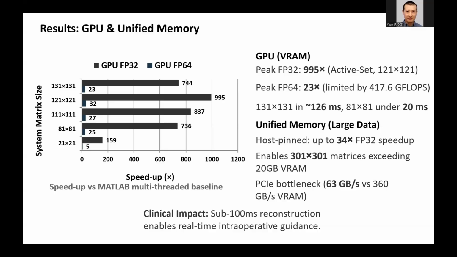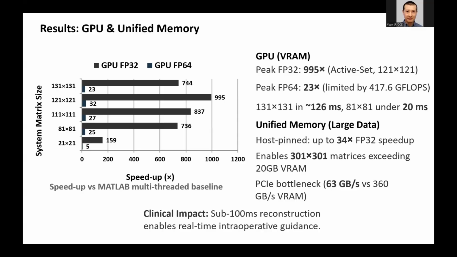If we try to count the absolute time, we could see a 130 by 130 reconstruction completes in approximately 120 milliseconds, while 81 by 81 takes under 20 milliseconds. And if we have larger data sets exceeding 20 gigabytes of VRAM, we could also use the unified memory feature. This enables GPU acceleration for larger system matrix sizes such as 300 by 300.